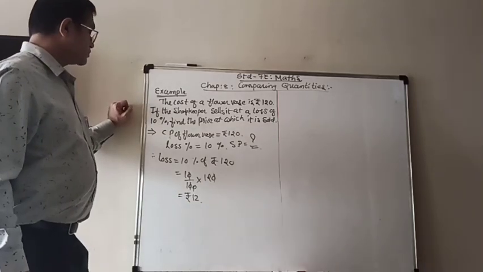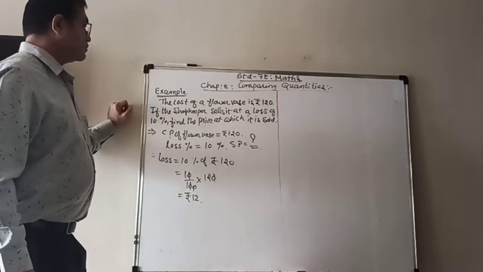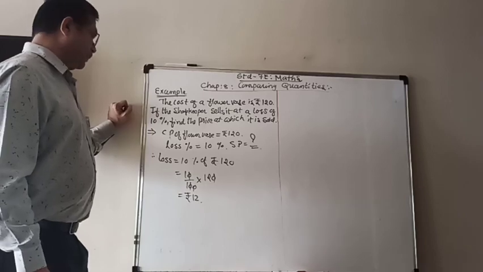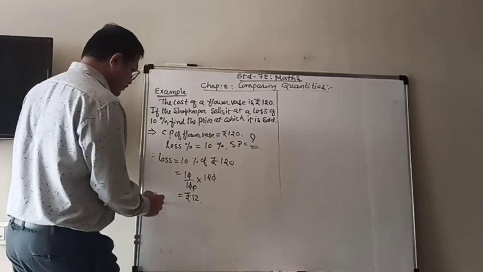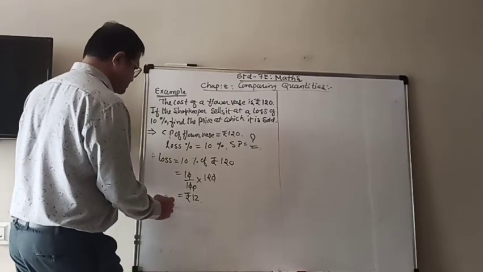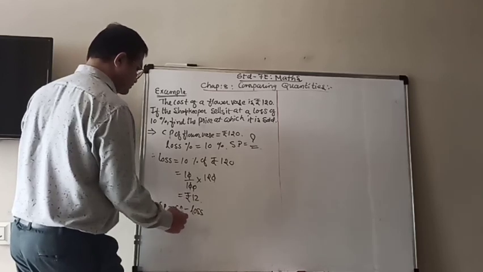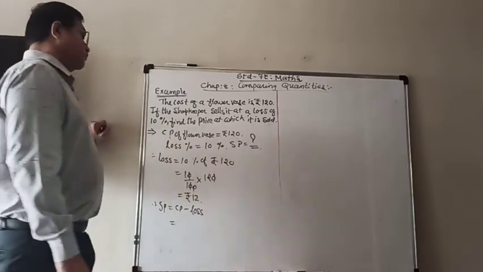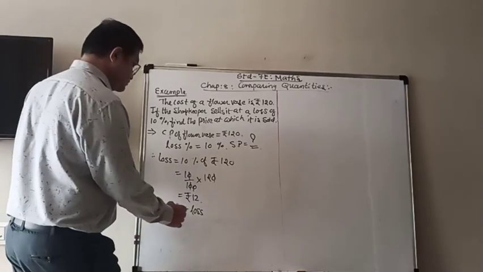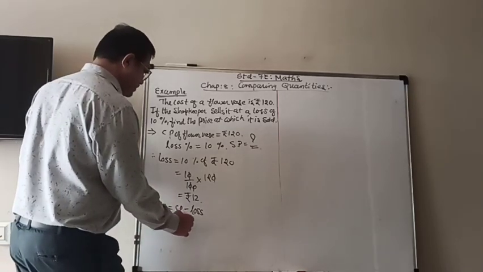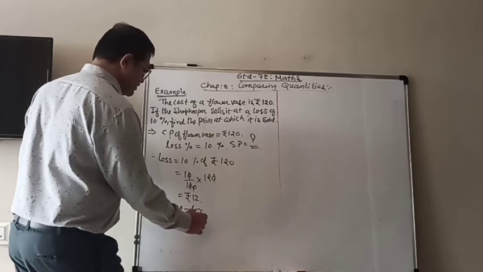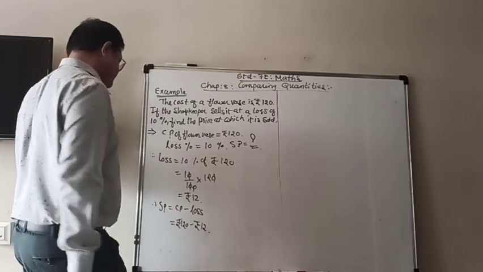So now we got the loss, and we know the formula. So now SP is equal to CP minus loss. What is CP? 120. So rupees 120 minus rupees 12.